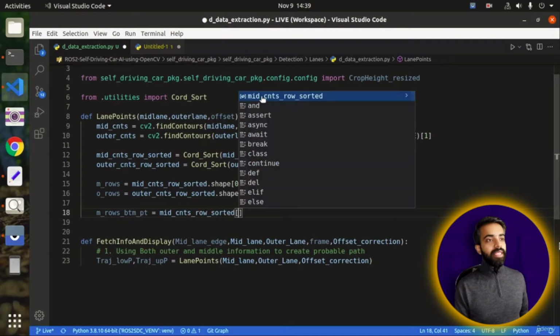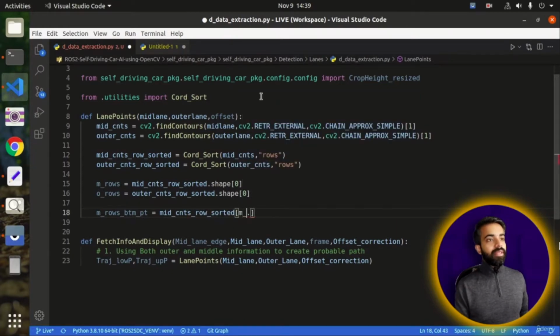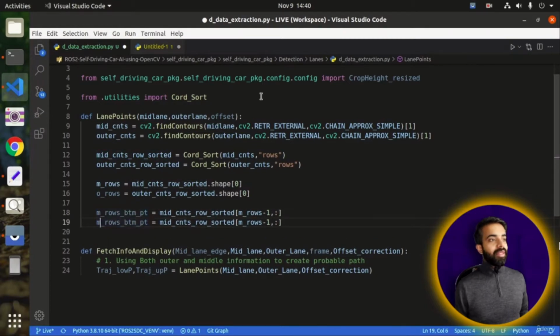So that can be accessed by simply providing it the index m rows minus 1. And then for the columns, we simply say get all columns. So we get the bottom point of our m rows. We do the same for the outer contours to get the bottom point, replacing the mid with outer, and then replacing the m rows with o rows.